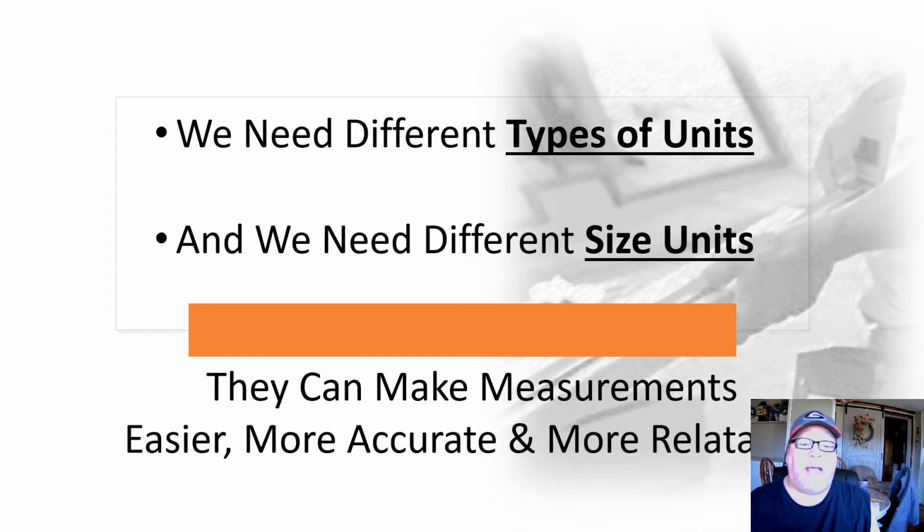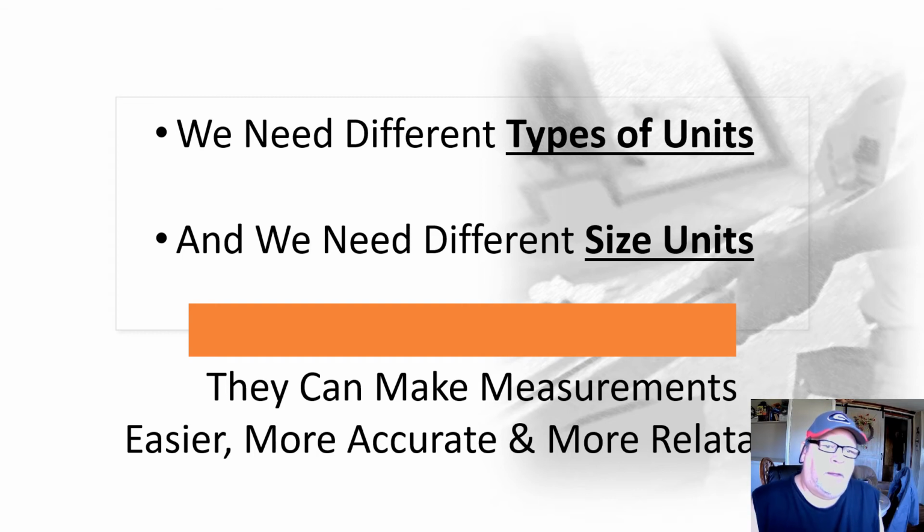We need different types of units. We need different size units. We discussed that. And the reason we need different size units is they can make measuring easier. They can make it more accurate and more relatable. With different size units, we can relate to it more.